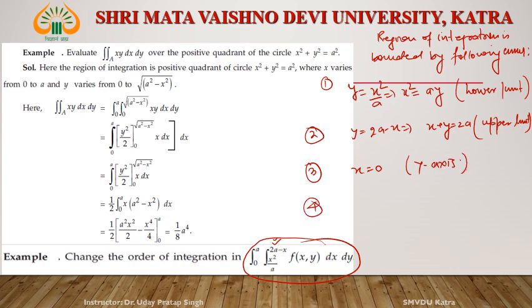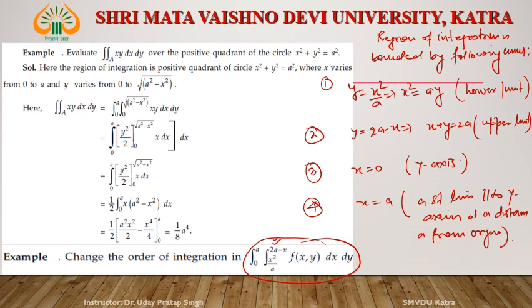And fourth, x equal to a, a straight line parallel to the y-axis at a distance a from the origin. This is the parabola, opening in the upward direction. And this one is the straight line. What is this straight line? x by 2a plus y by 2a equal to 1.